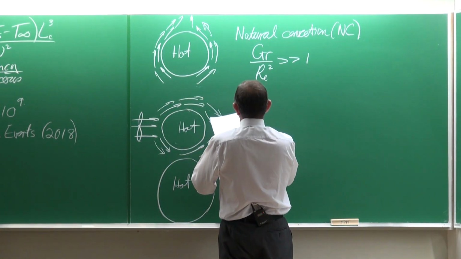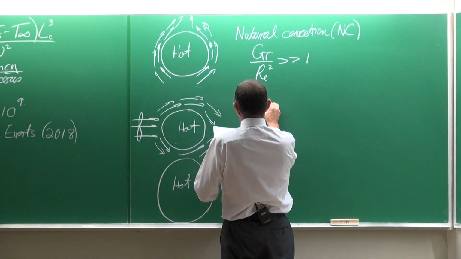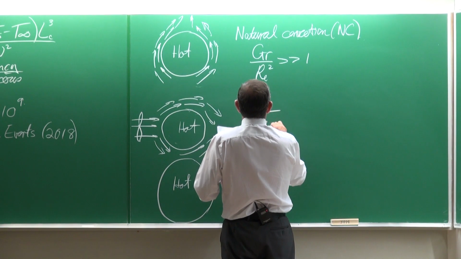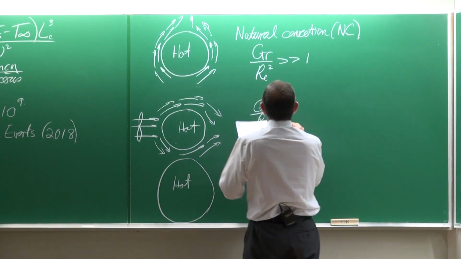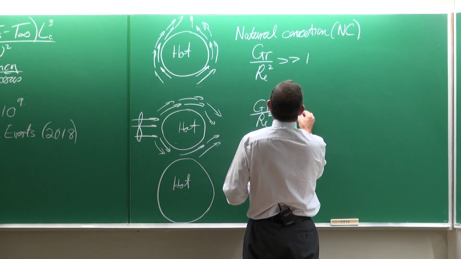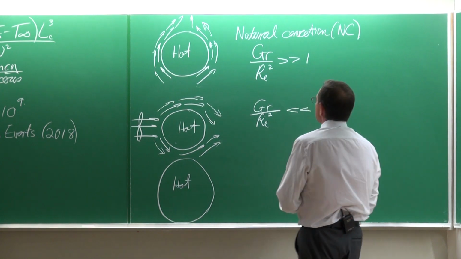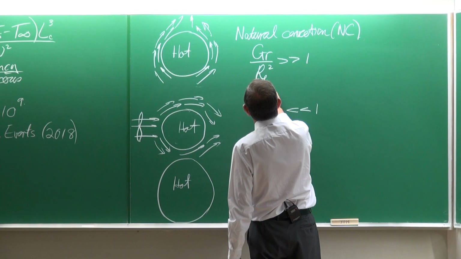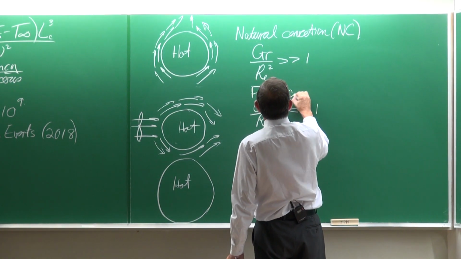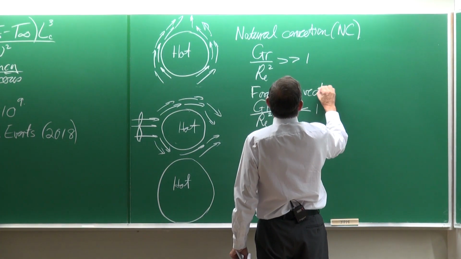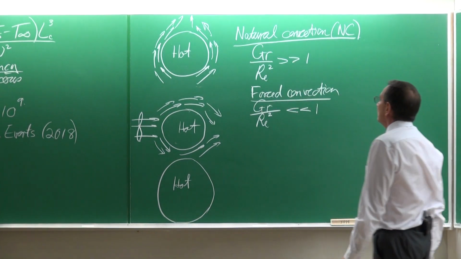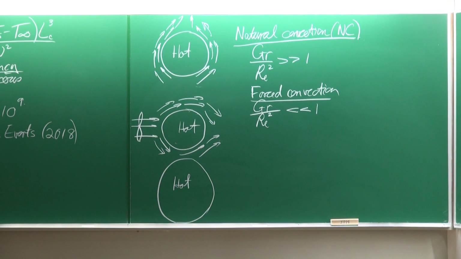And for these cases, the Grashof number divided by the Reynolds square would typically be much smaller than 1. And this is known as forced convection. Natural convection and forced convection.